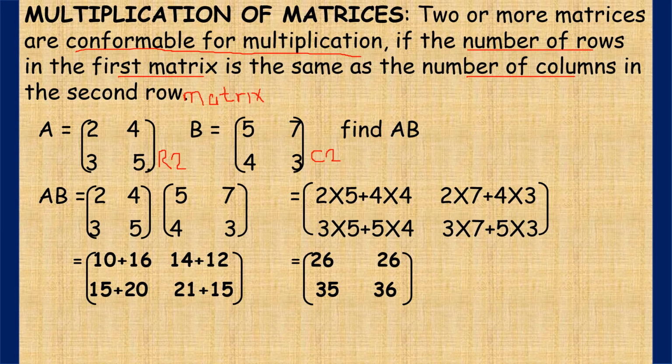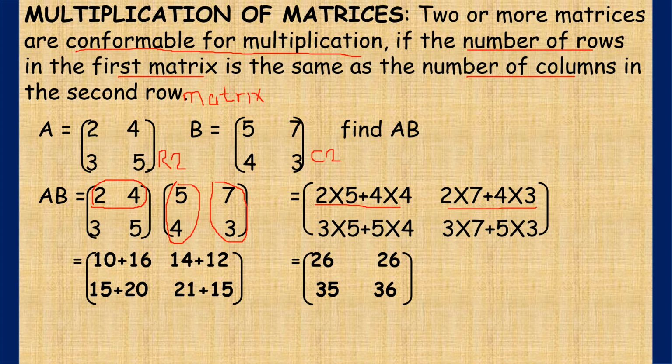And when you look at it from here, how do you multiply? You pick the first row to multiply the first column. And that will be 2 times 5 plus 4 times 4, which is what you have there. Then after that, you move on to the second column with the first row here. So it will be 2 times 7 plus 4 times 3, which is what you have here.